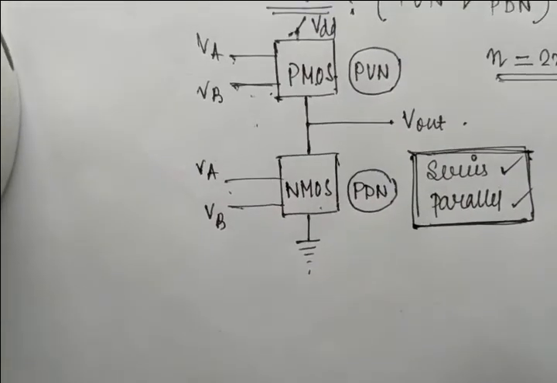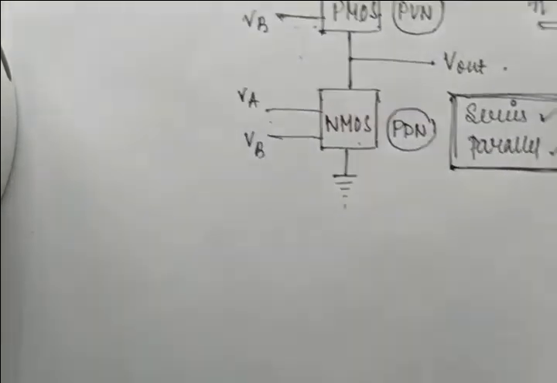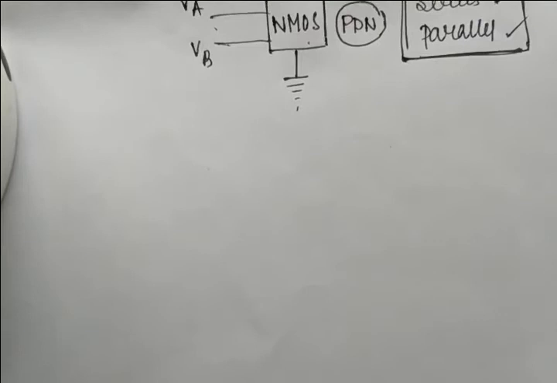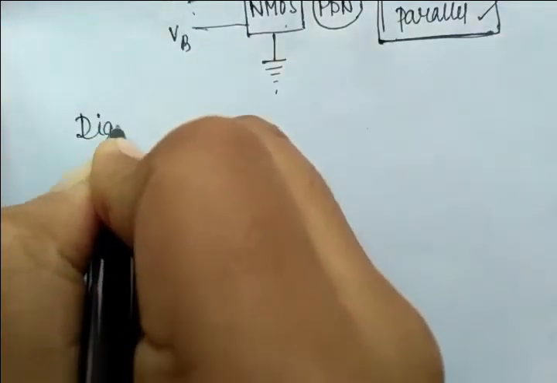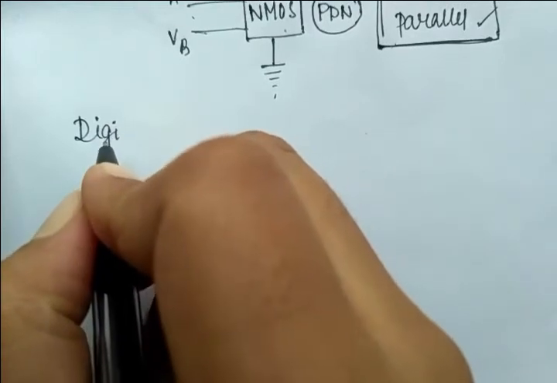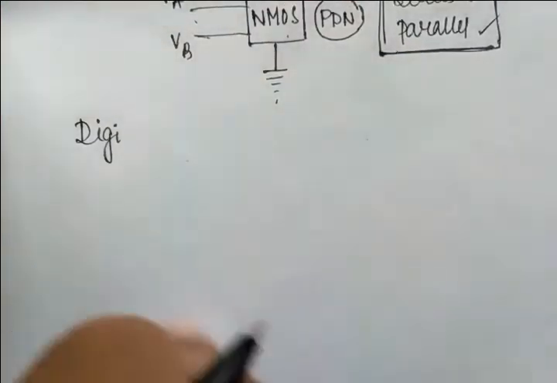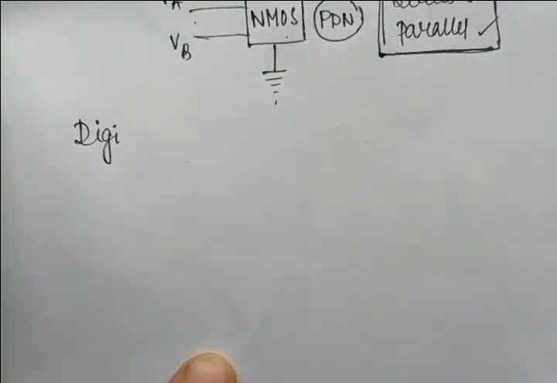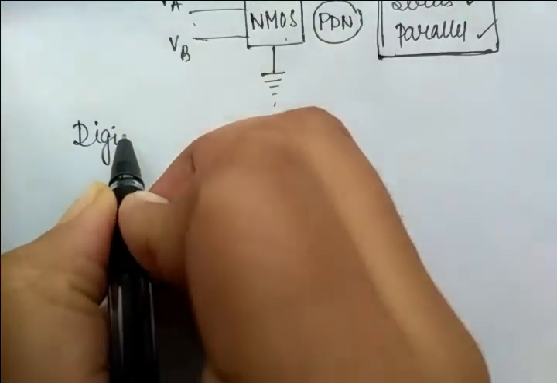Yes, this is the series and parallel connection, and for that section I am coming to some important section of your digital electronics, because whatever you have learned in digital electronics, whatever you have learned about digital circuits, all of that will be designed using CMOS in the digital VLSI section. So you have to know the very basic formula, basic prerequisites, everything of digital electronics once again.